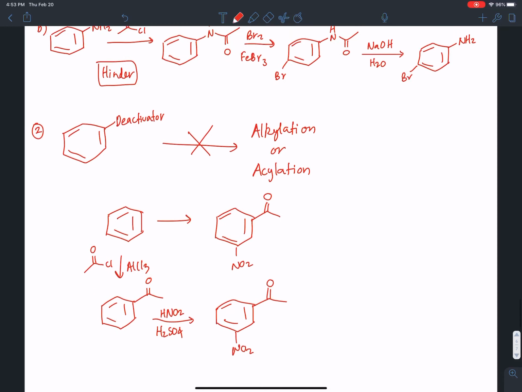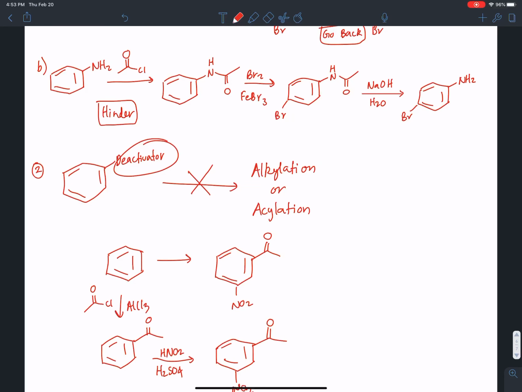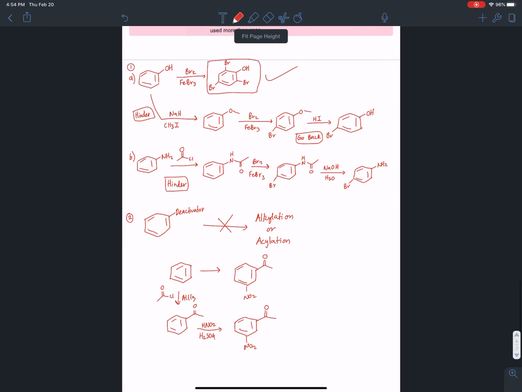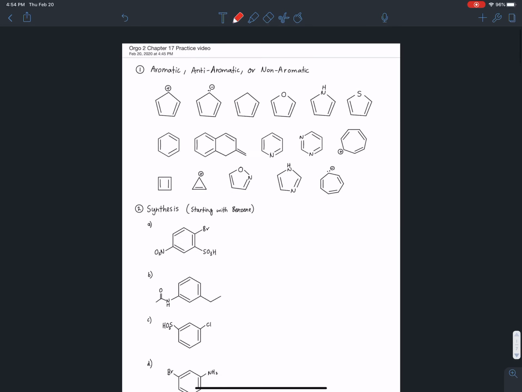Again, if you have a deactivator like SO3H, NO2, CN, all the deactivators, do not do any alkylation or acylation. You can only do alkylation or acylation on like a regular benzene or with activators on it only. So keep a lookout for that. And that's it. We're going to follow those rules when we do these questions. So let's start with the questions.